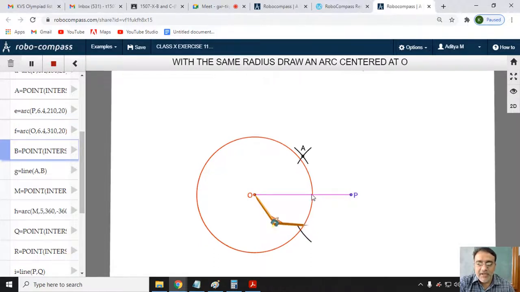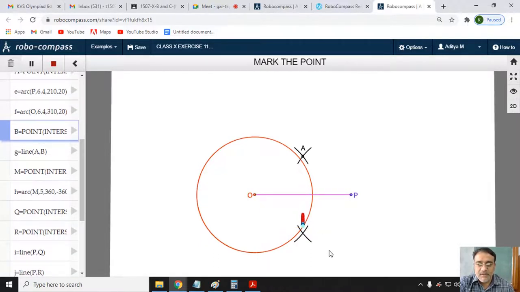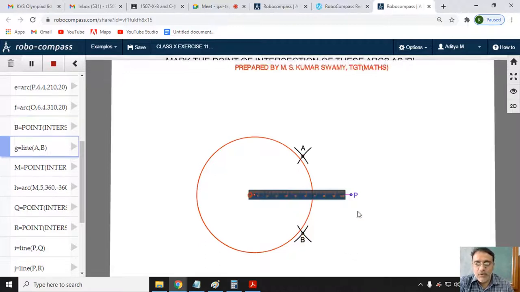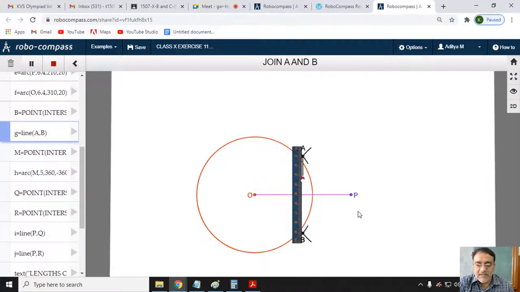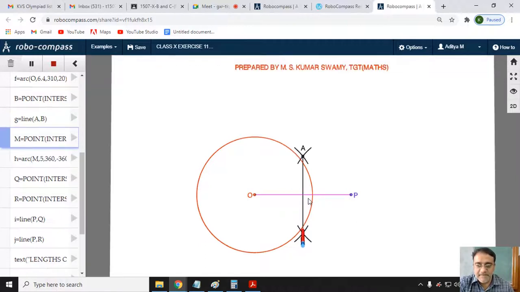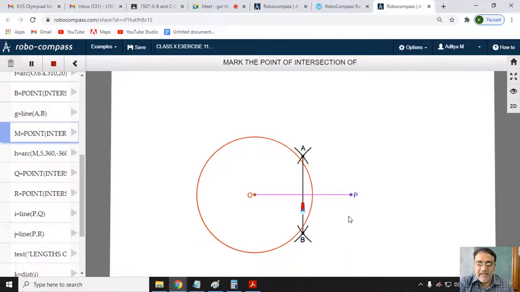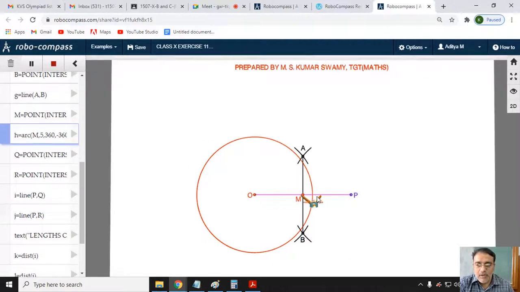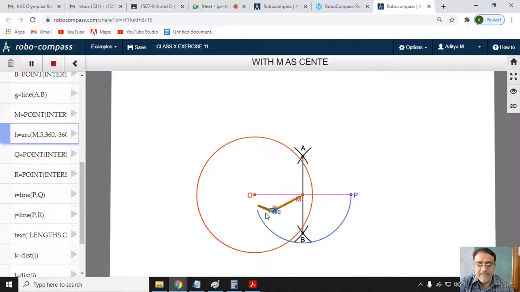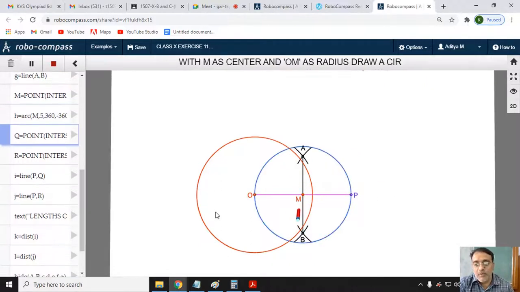Now we will join AB. So AB will intersect OP at point M. So this point of intersection is M. Now with center M and radius OM or PM, draw one circle which intersects the circle at 2 points.